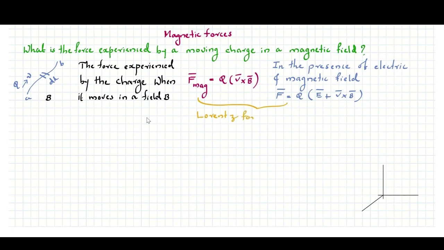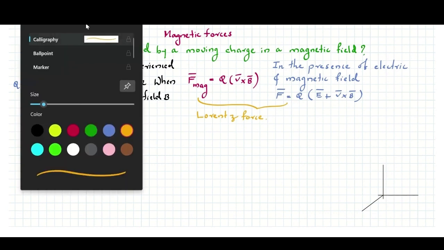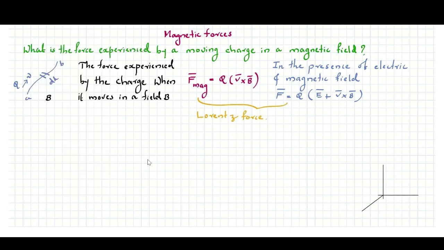If it is placed in a magnetic field only, it is given by Q into V cross B. And if both electric and magnetic fields are present, this F can be written as Q into E plus V cross B. Now, in the present case, the charged particle is moving in a magnetic field only. Then the magnetic force is given by Q into V cross B.